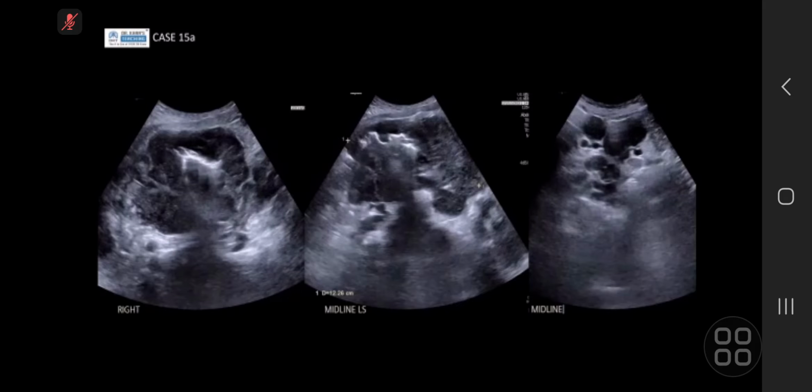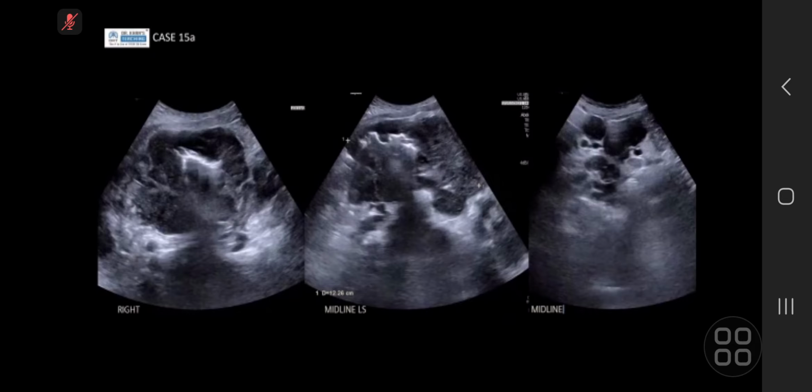Yeah, first. So these are serial transverse axial section images showing evidence of diffuse bowel wall thickening, because I could see the air pockets within the lesion, diffuse bowel wall thickening, multiple hypoechoic lesions, and a few lesions are showing central necrosis. These lesions are noted in the right midline.